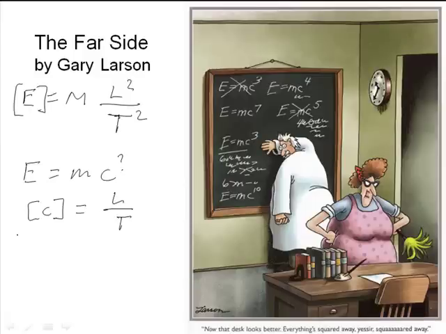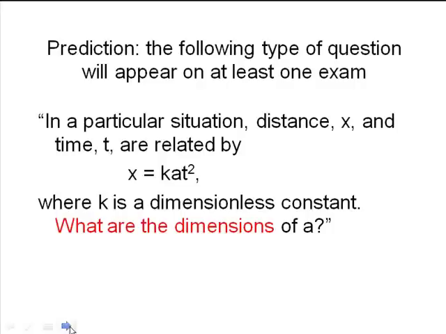So the only way to get the right dimensions for E is going to be if I choose c to be squared. That is the only option that will give me the correct dimensions for the energy. That's a really good predictor. It helps us to know whether or not our equations can be right, and it helps us to make predictions about what the right form for an equation is.